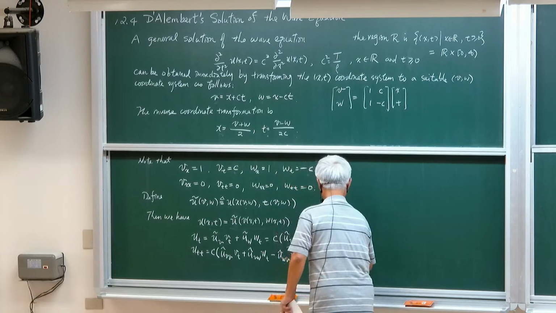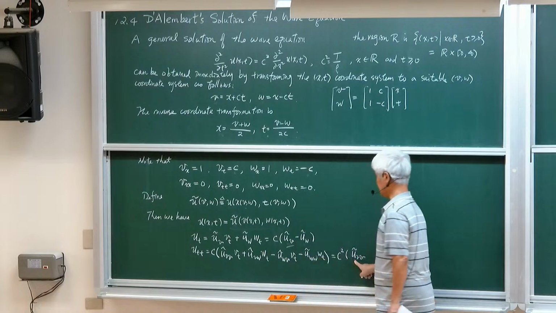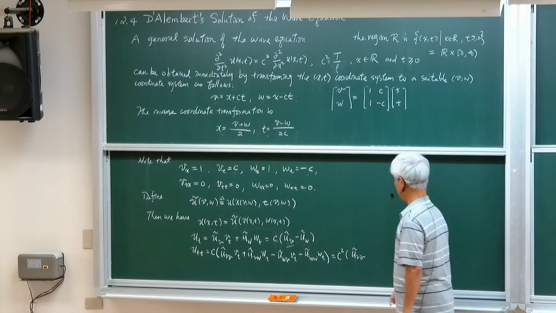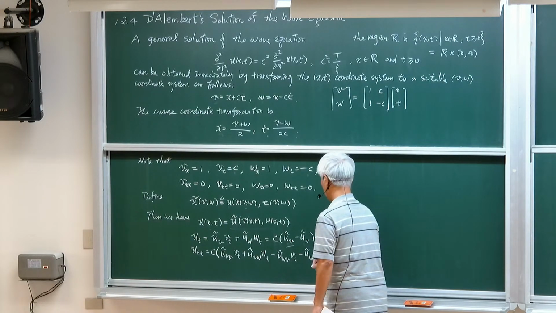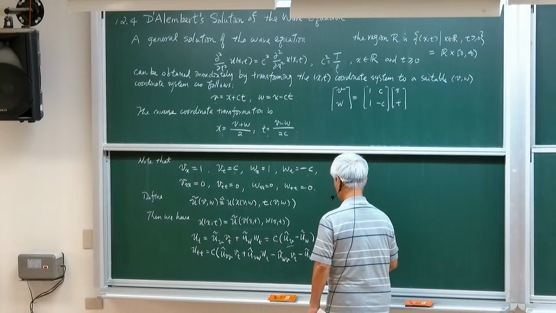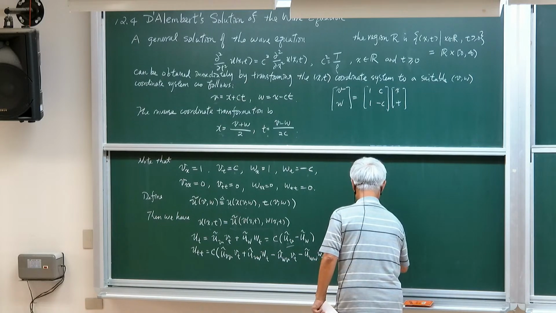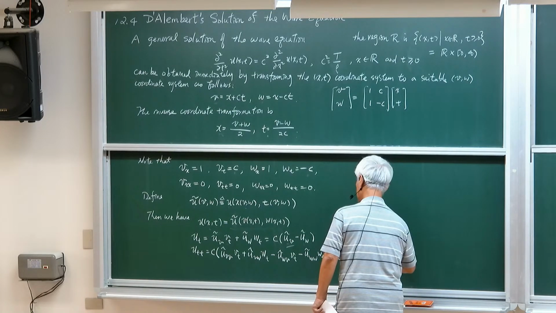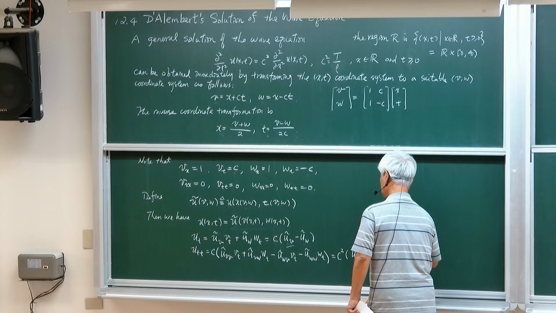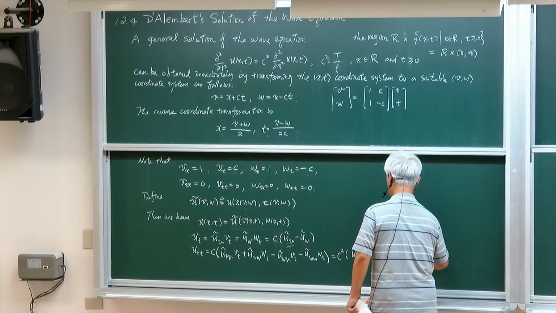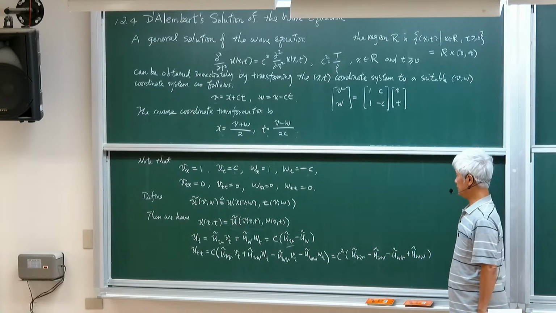Every time we have u tilde VV, the second order partial derivative of u tilde, minus 2 u tilde VW, if you like, plus u tilde WW. Okay, so we have these terms.